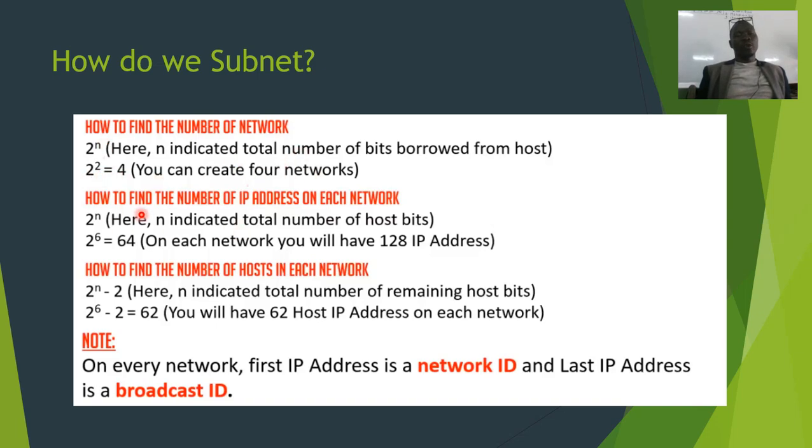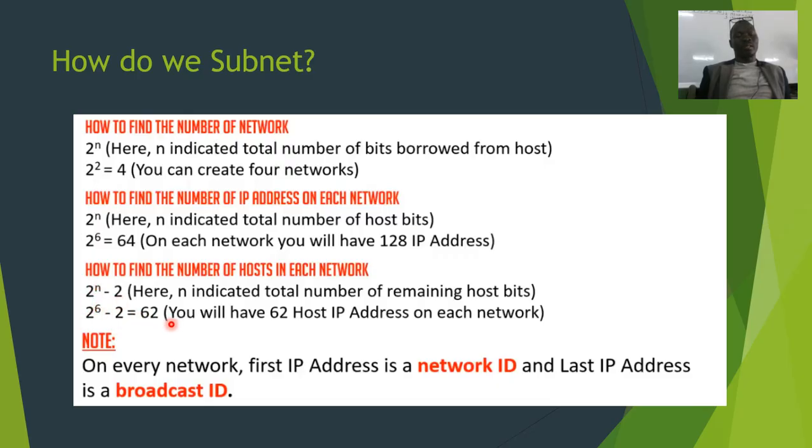Also, to find the number of IP addresses on each network, we use the same formula, 2 to the power n. This time, n is the total number of host bits remaining, or what we call the remaining bits. Now, to find the number of hosts in each network, we use 2 to the power n minus 2, where n is the remaining bits.